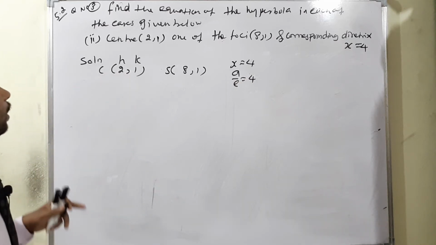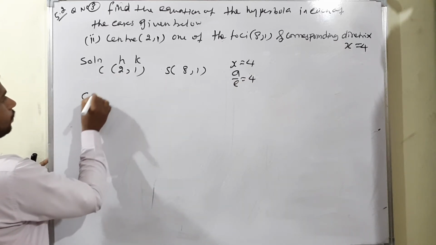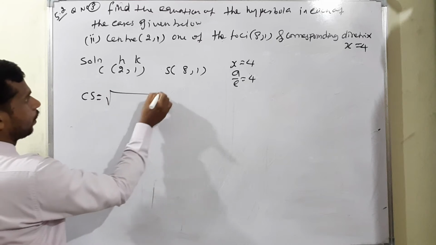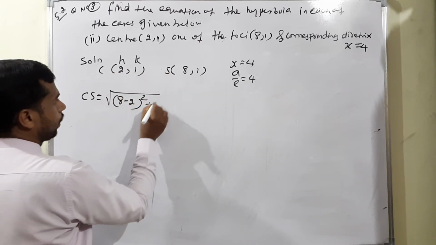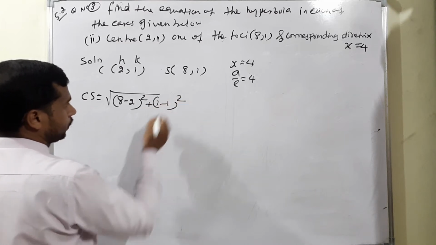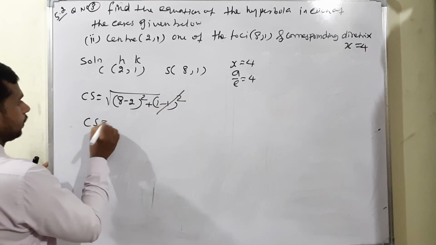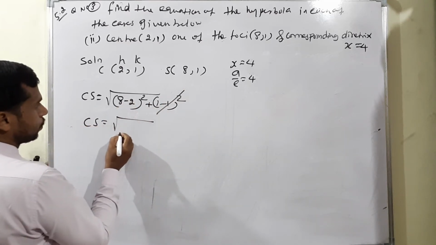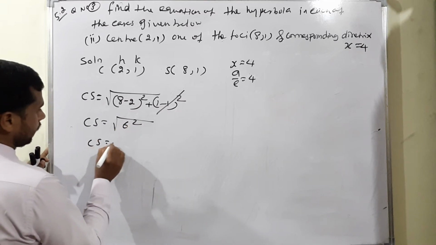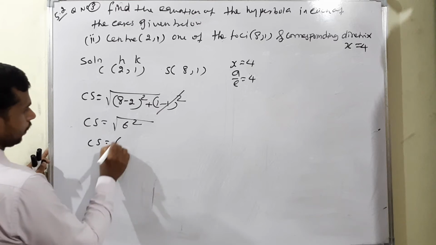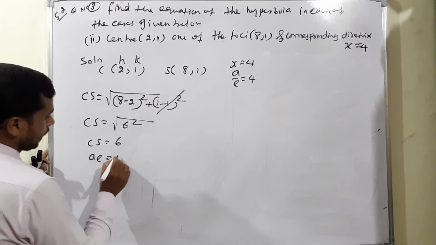Okay. Now the distance formula: CS is equal to square root of 8 minus 2, the whole square, plus 1 minus 1, the whole square. The second term we can cancel it. Therefore CS is equal to 8 minus 2, that is 6 square root of square, so CS is equal to 6 only. CS means AE is equal to 6.